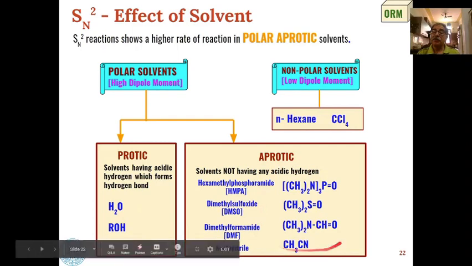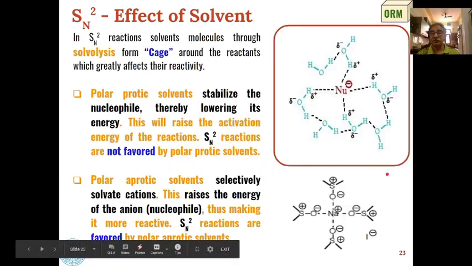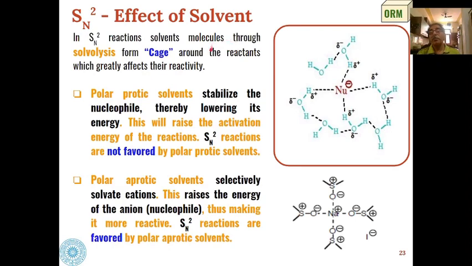Now, how do they act? In the presence of polar solvents, they create a cage around the reactants, and this process is called solvation. This cage can be formed by protic solvents and also aprotic solvents.